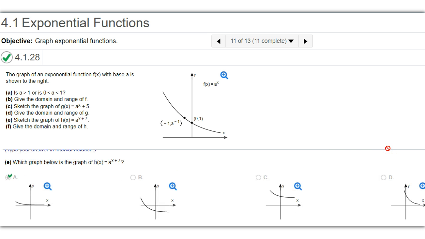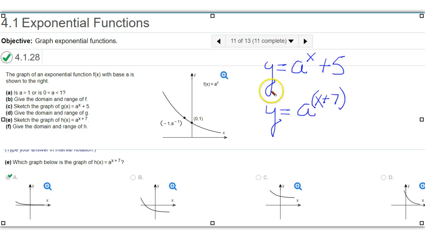Now let's go on to E. Here they're saying which graph below is the graph of this. Let me give you some background on this. The previous example was this, so the 5 was in the position of the y-intercept.